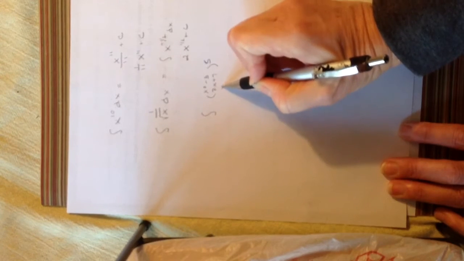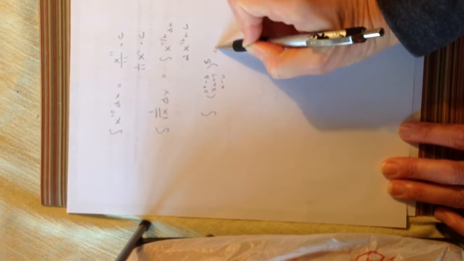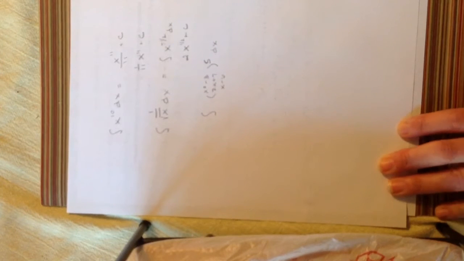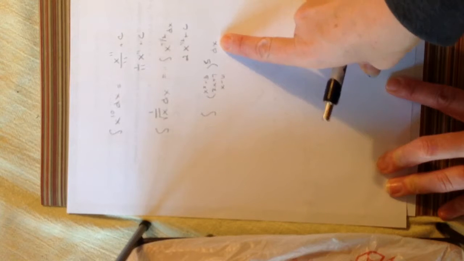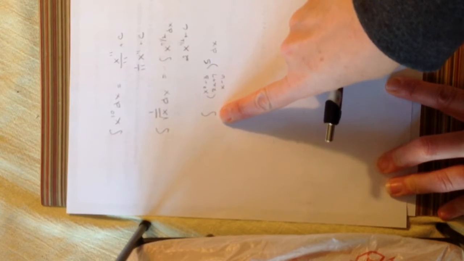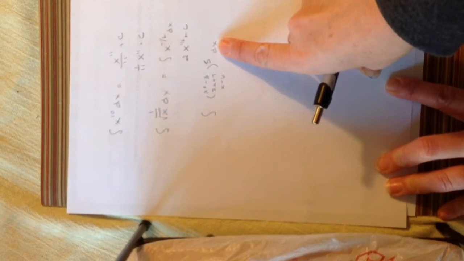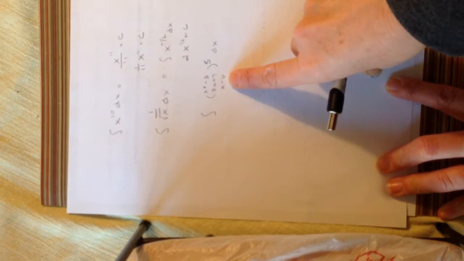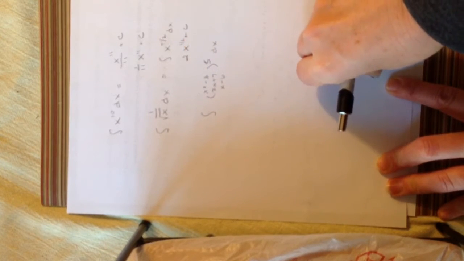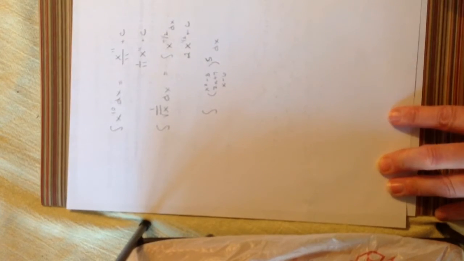And there's an important thing we need to know: the dx that matches with the integral sign tells you what you're integrating with respect to. And if this thing isn't just x, then you can't just use the simple power rule. And so we're going to look at that on our worksheet.